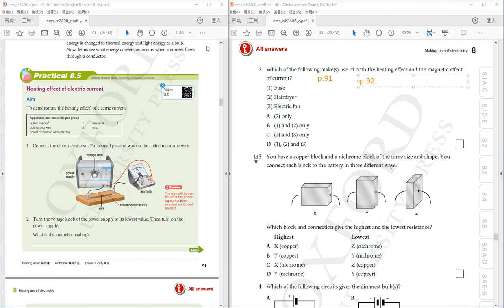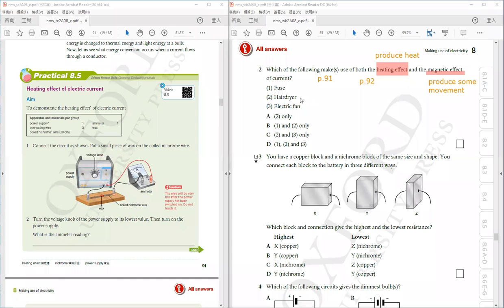Heating effect means produce heat. And for magnetic effect, very often we say magnetic effect means produce some movement. So we want to produce heat and produce some movement at the same time.